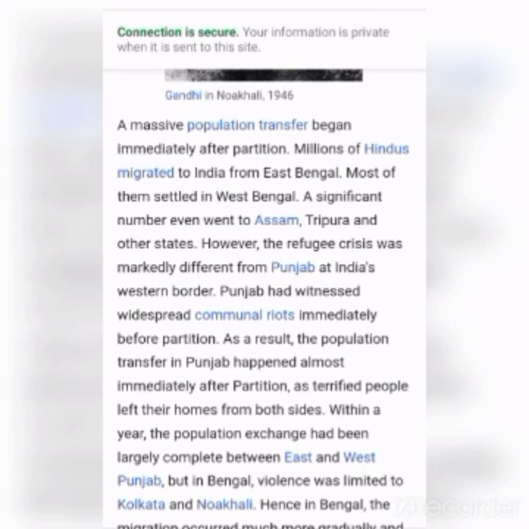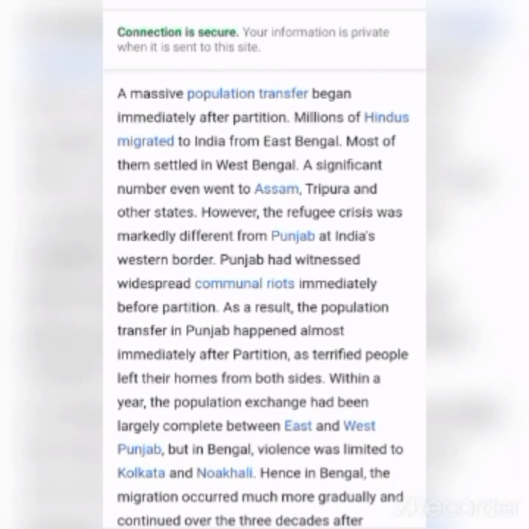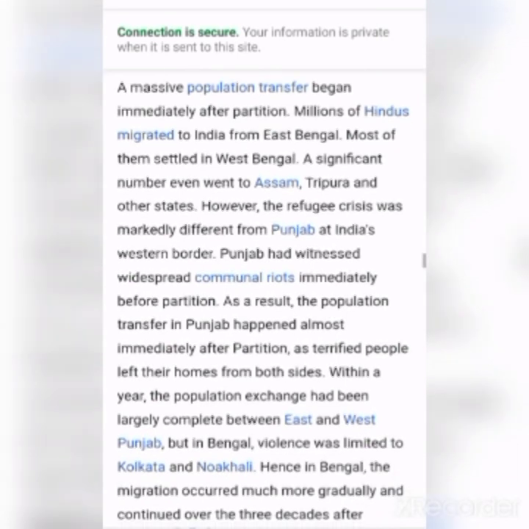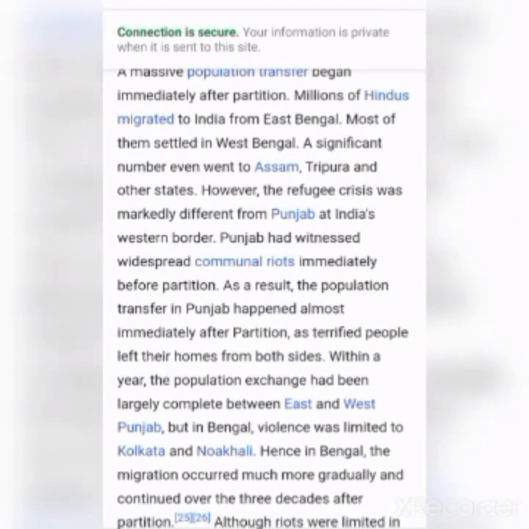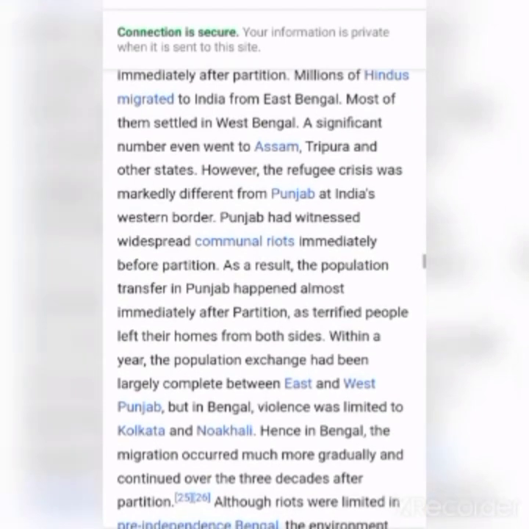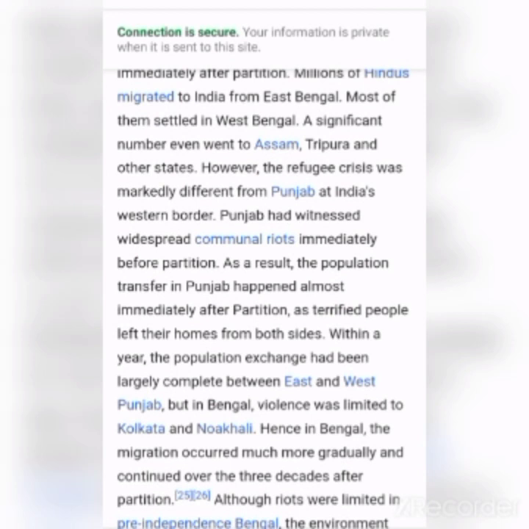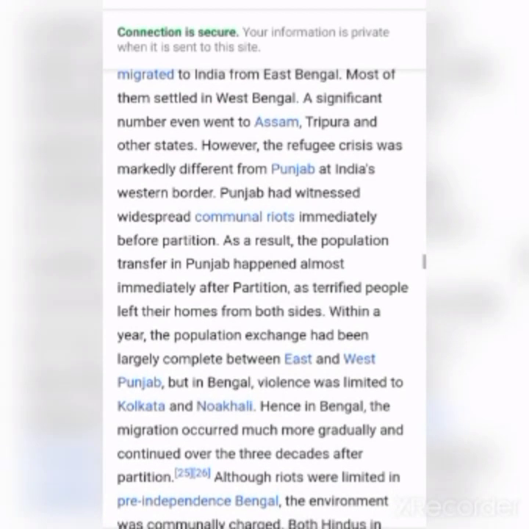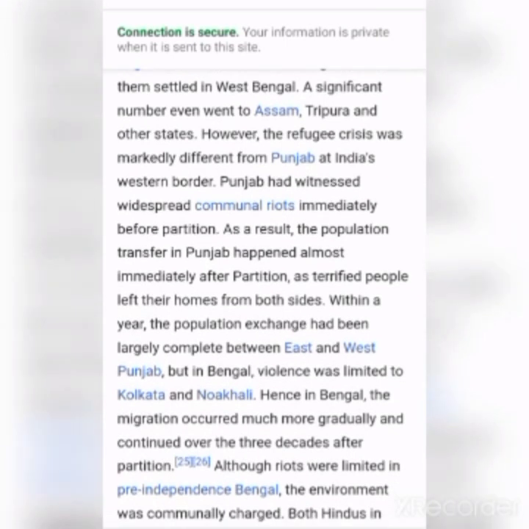Punjab had witnessed widespread communal riots immediately before partition. As a result, the population transfer in Punjab happened almost immediately after partition. Terrified people left their homes from both sides.